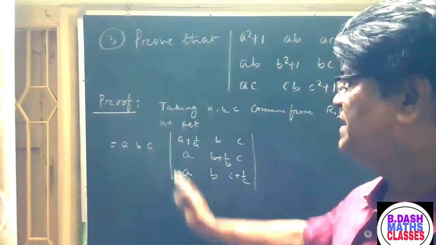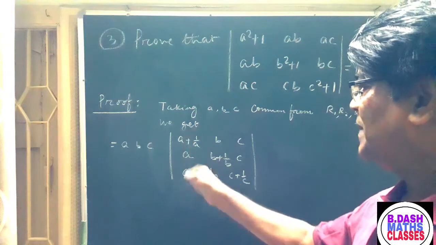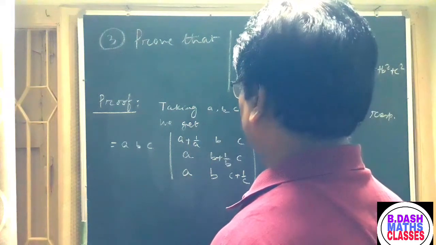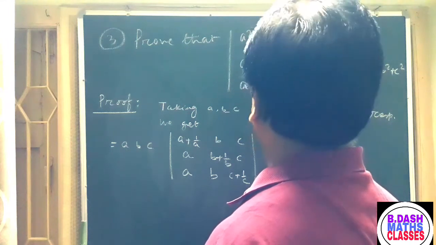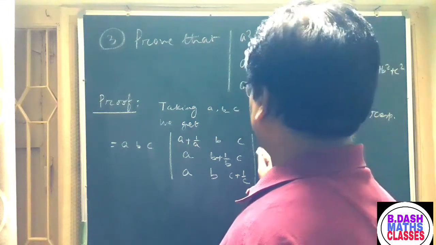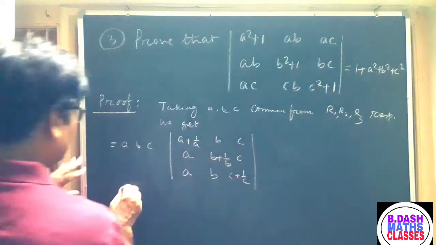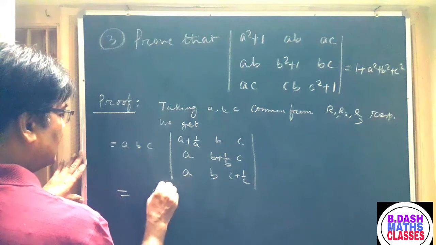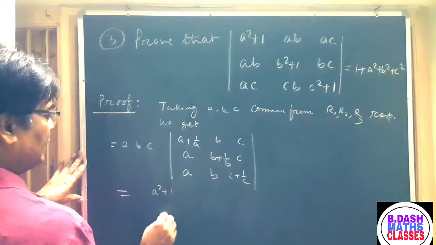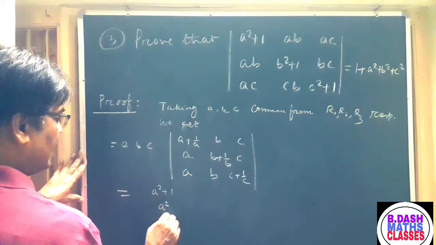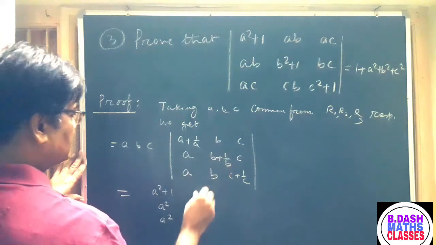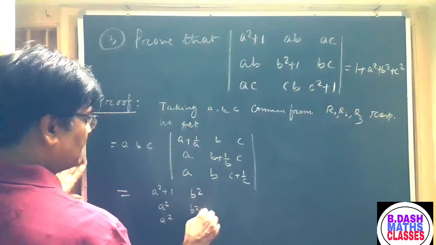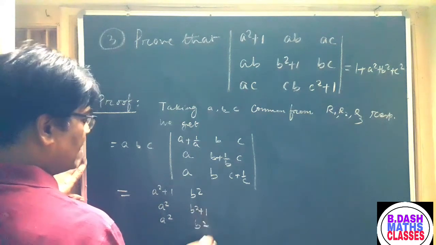So let us multiply a, b, c to first column, second column, and third column. If you multiply, then a will be multiplied to the first column, it will be a square. So this one will be b square plus 1, b square.